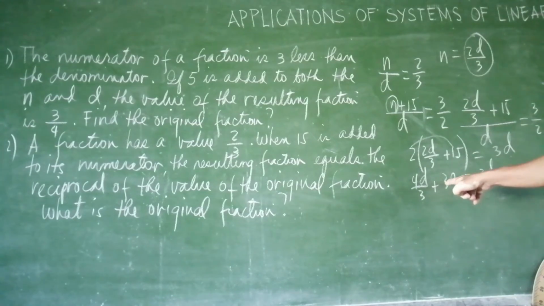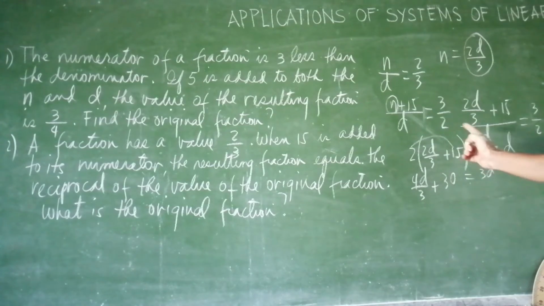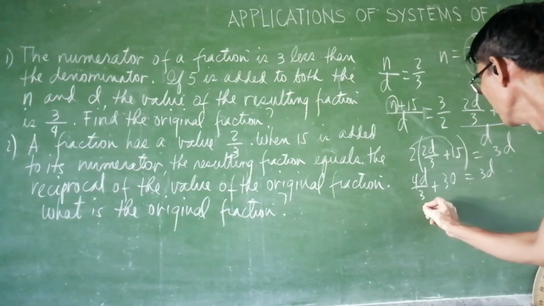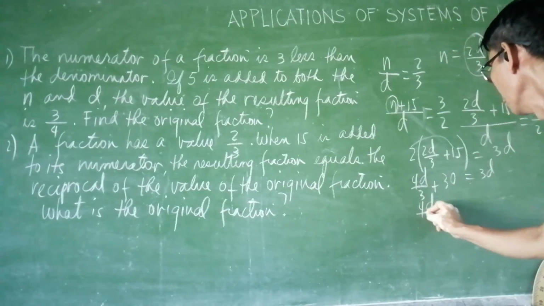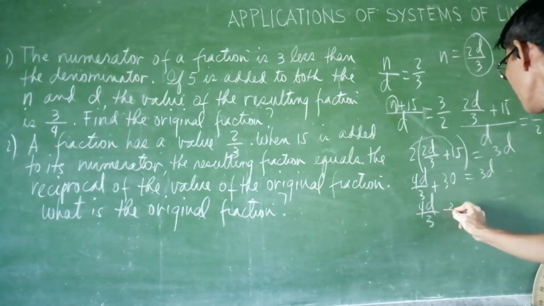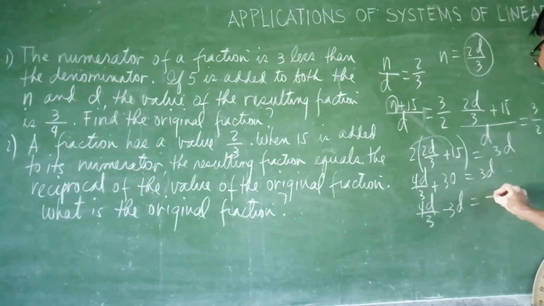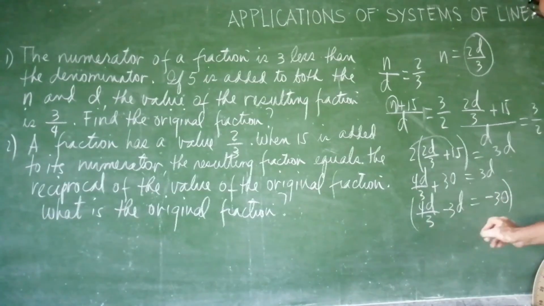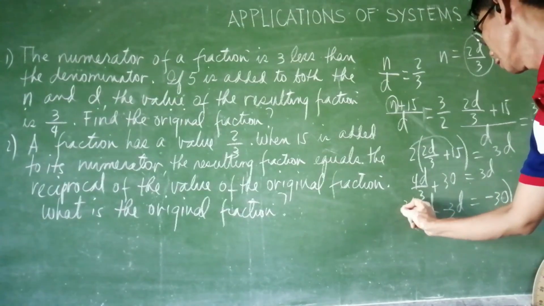Okay, transpose 30 to the right side and transpose 3d to the left side. So it will be 4d over 3 minus 3d equals negative 30. So get rid of the denominator there, times 3.